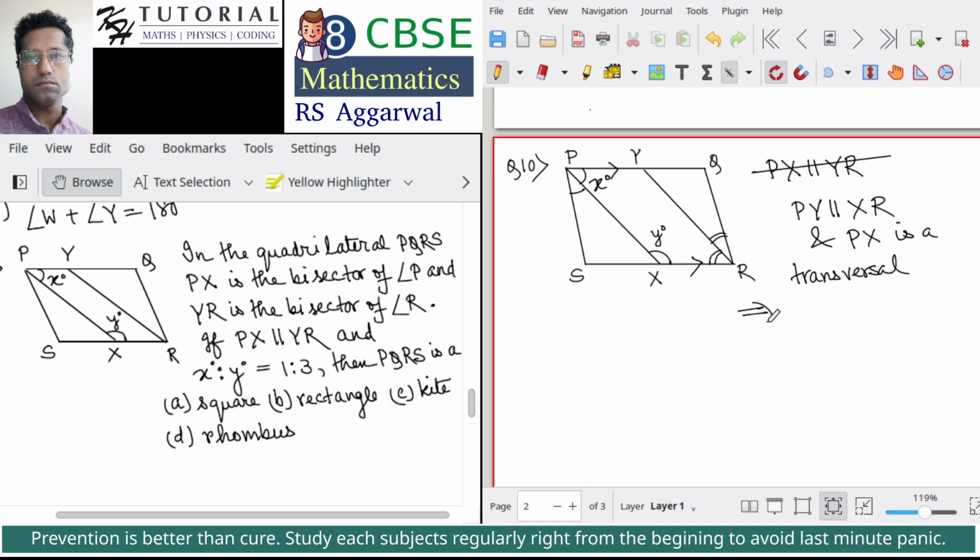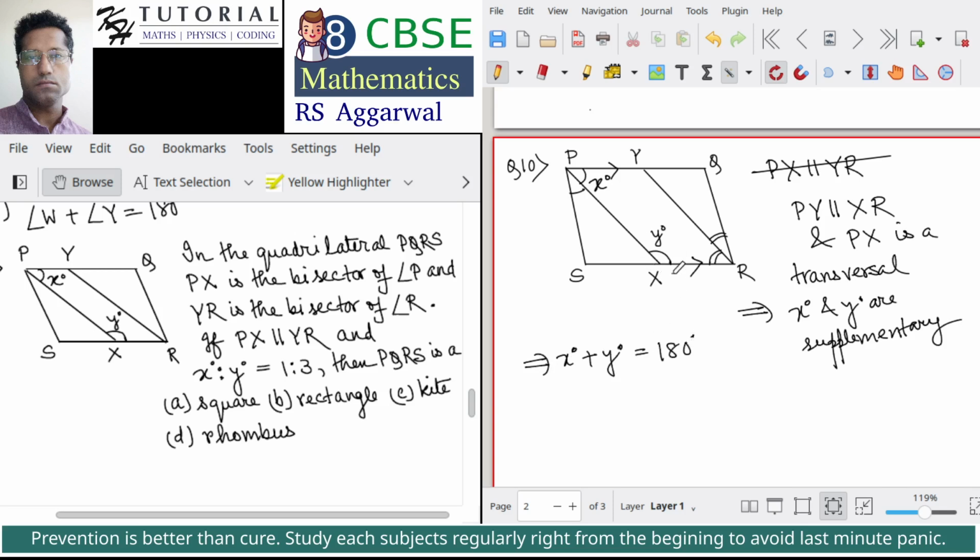So this will imply that x degree and y degree are supplementary. Supplementary means the sum of their values is 180 degree. So we must have x degree plus y degree equals 180 degree.